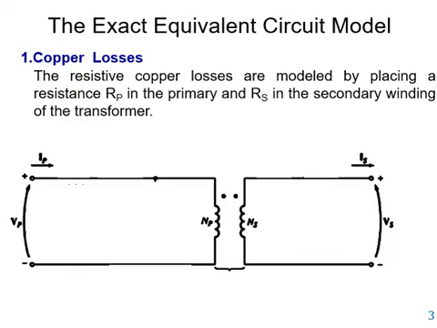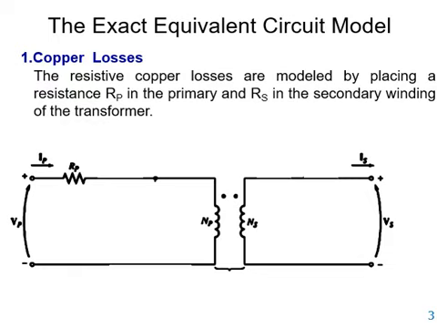The exact equivalent circuit model, we will talk about the exact. In the first case, where the losses were the copper losses, these are very simple to model. These losses can be modeled by placing a resistance Rp in the primary and Rs in the secondary winding of the transformer, as you can see in the slide.